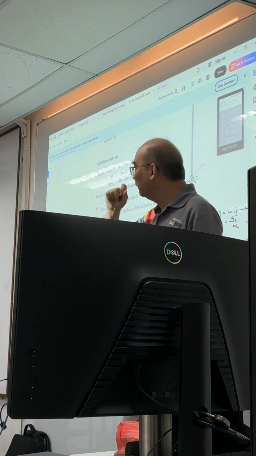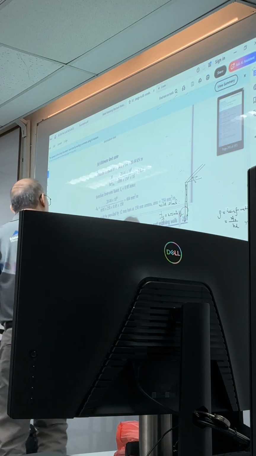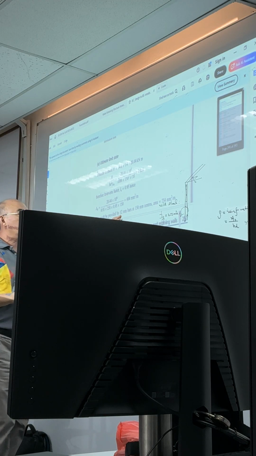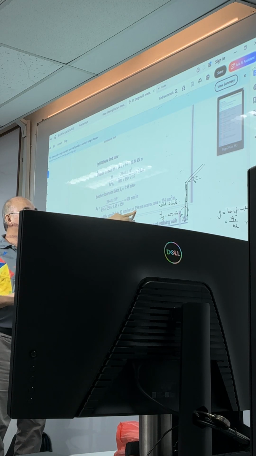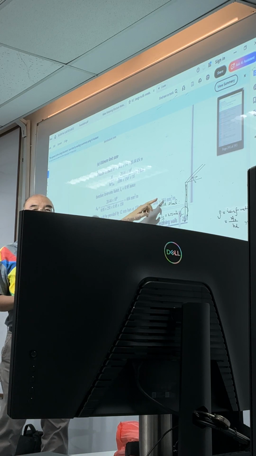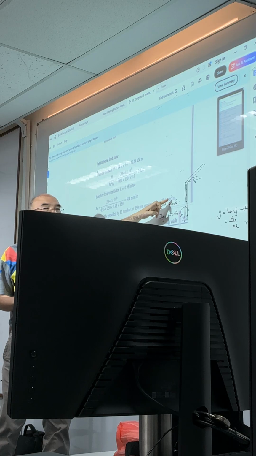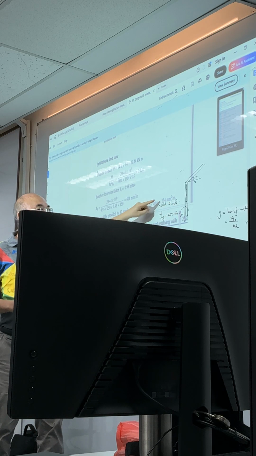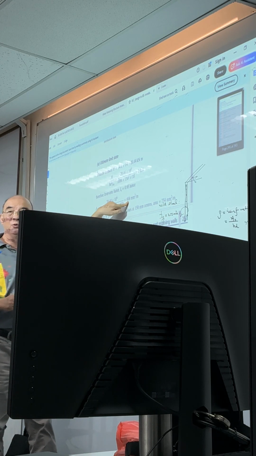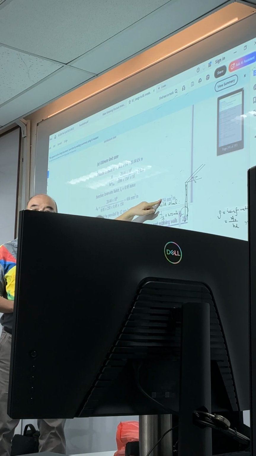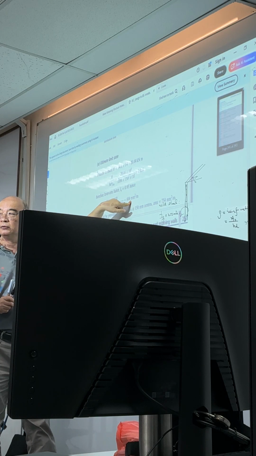Now, look at this. This could be provided by 12 millimeter bars at 150 millimeter center. Area is equal to 754 millimeter square per meter. This is 754, this is 604. This is considerably larger than this.